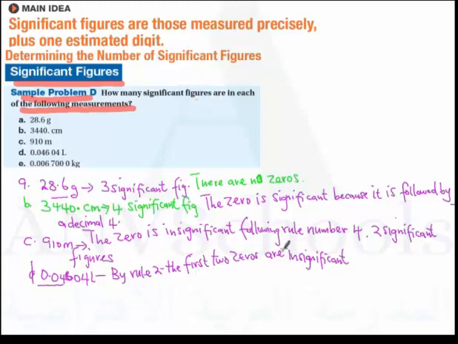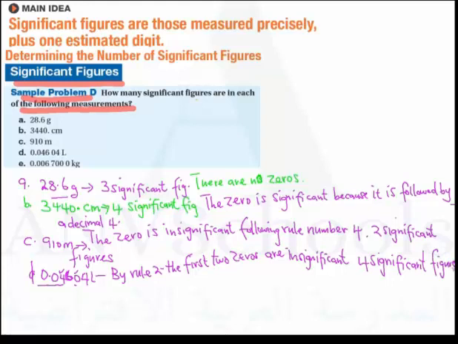But the third zero here is significant. So how many significant figures do we have? 2, 3, 4. We have four significant figures.